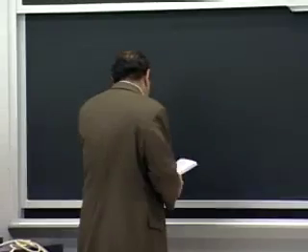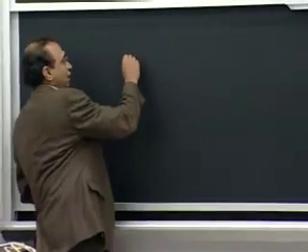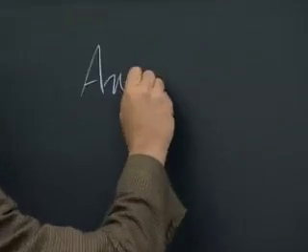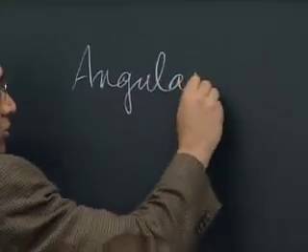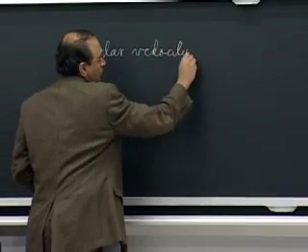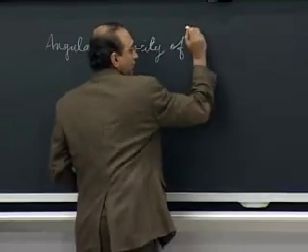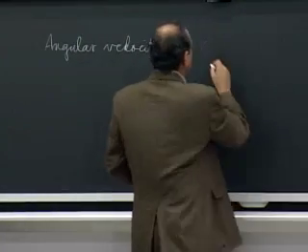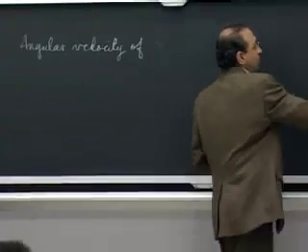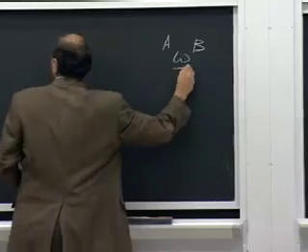So we introduced the angular velocity like this. We said the angular velocity of frame A with respect to frame B. And I wrote it as this. So help me write this.